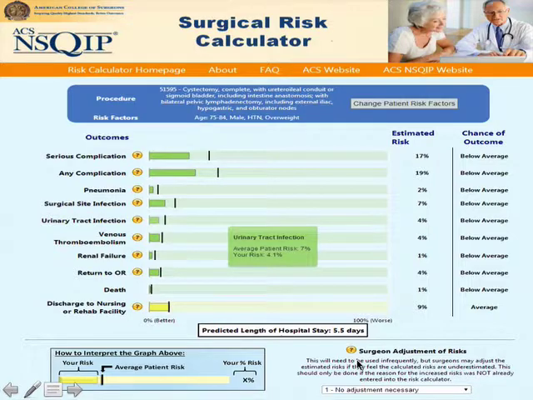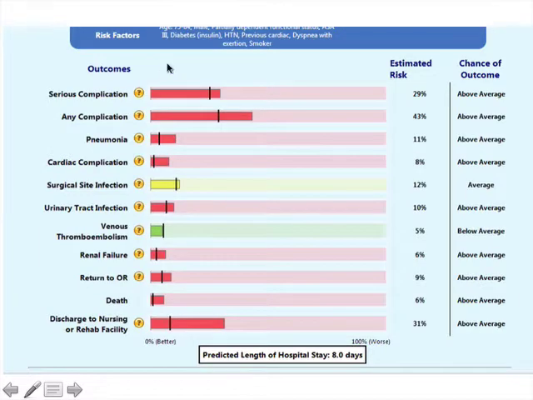And then you might have 2 different patients, one with a serious complication rate of 17%, death rate of 1%, DVT risk of 4%, all below average. You will recommend cystectomy for this one. But this guy with a serious complication rate of 29%, any complication 43%, death rate of 6%, you probably do not recommend cystectomy for this.